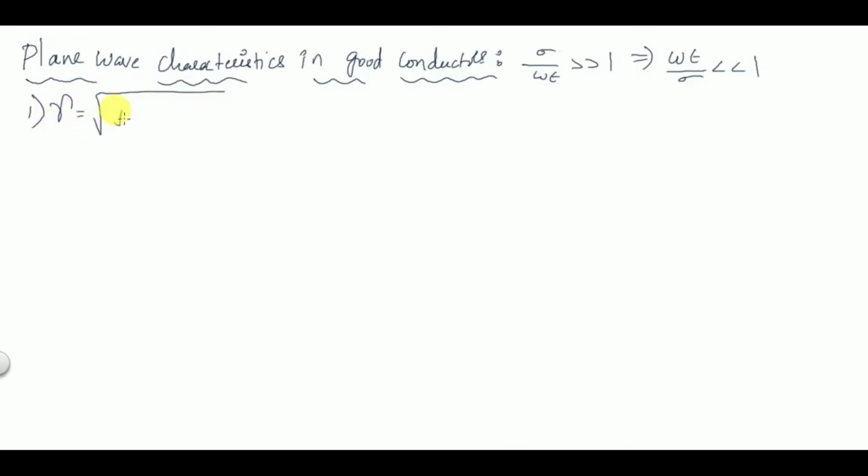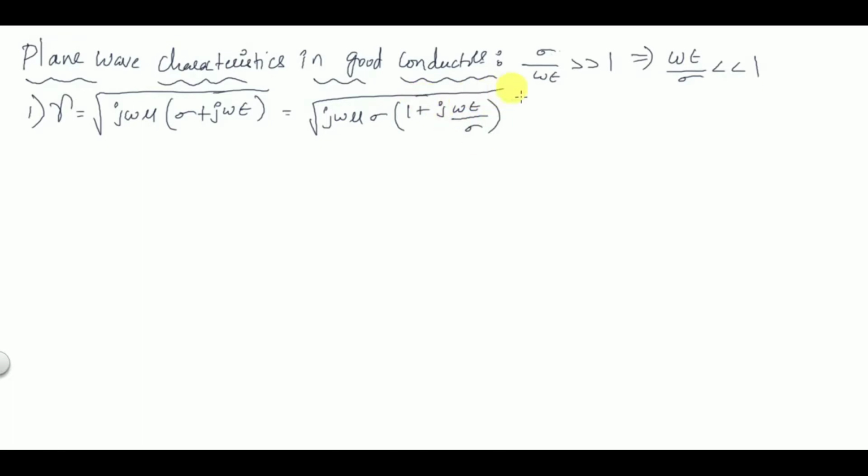The actual formula is gamma equals root of j omega mu into (sigma plus j omega epsilon). So take sigma common: j omega mu sigma into (1 plus j omega epsilon by sigma).